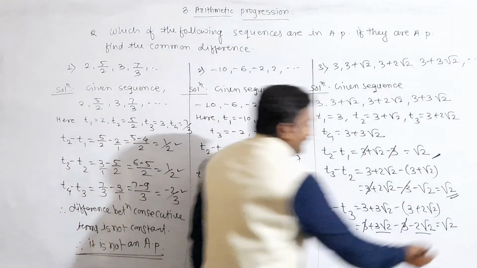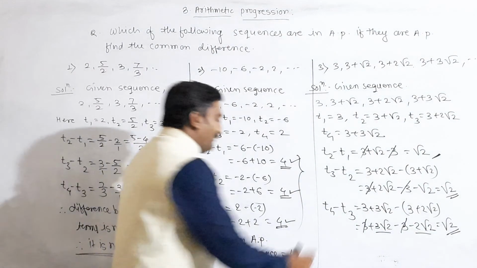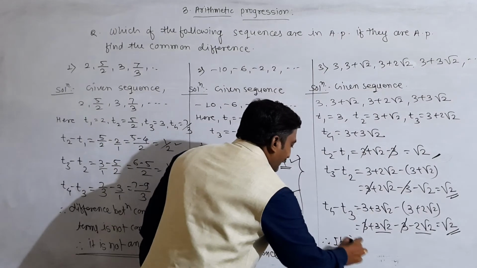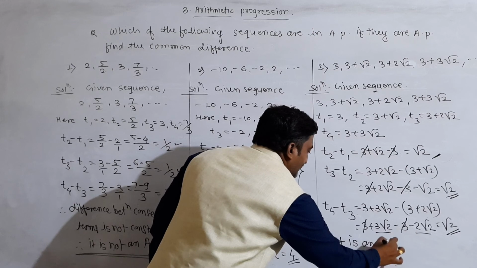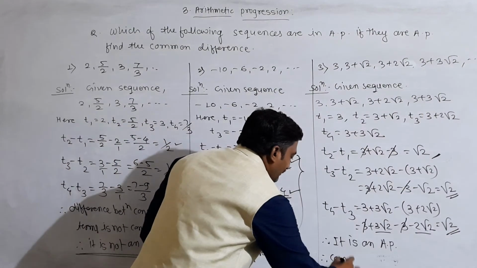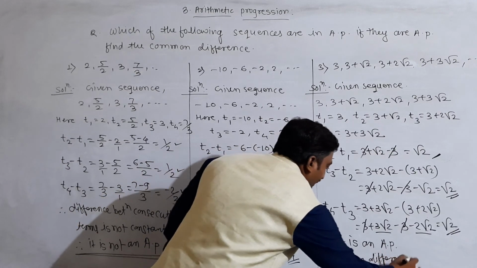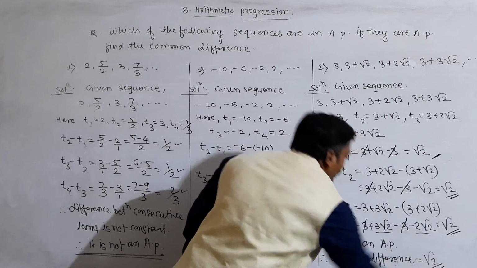So the difference between consecutive terms is constant. Therefore, it is an AP. And what is the common difference? Common difference is equal to root 2.